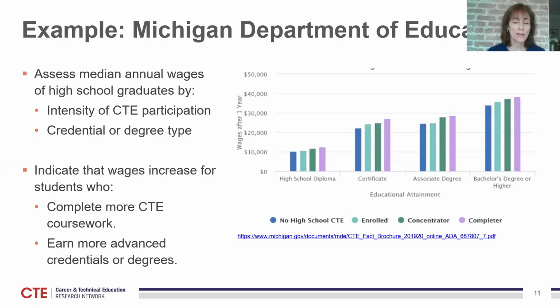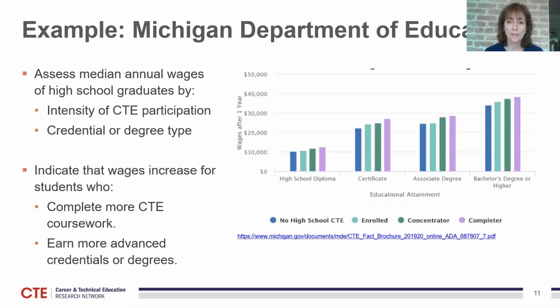The Department of Education follows these students after high school graduation, and they collect wage information for those students. And these data do show that CTE completers tend to earn more wages after completing their high school diplomas.